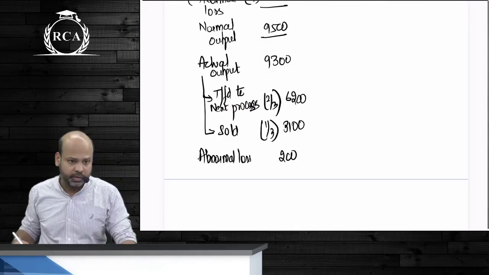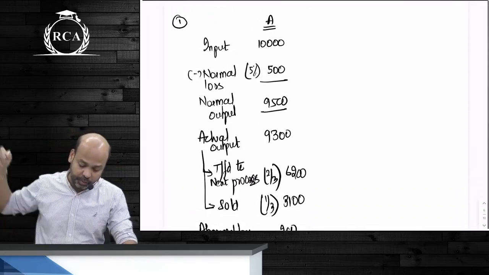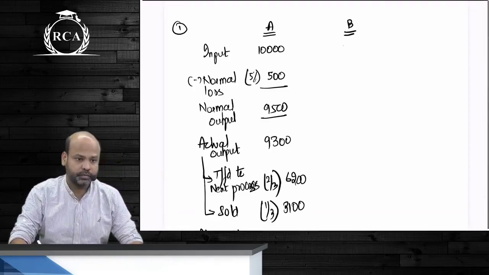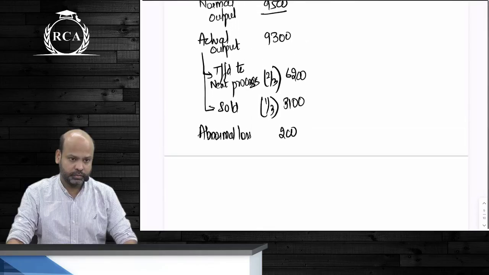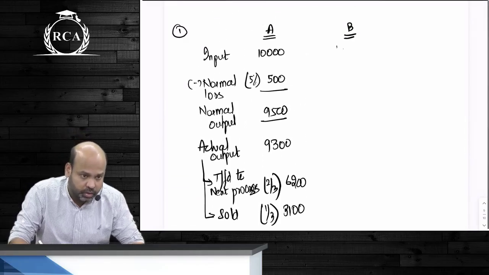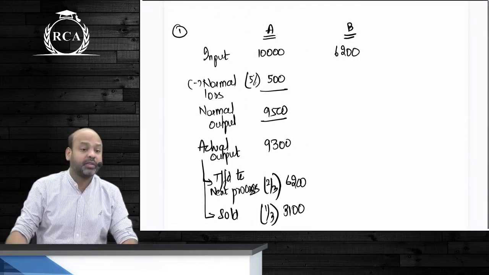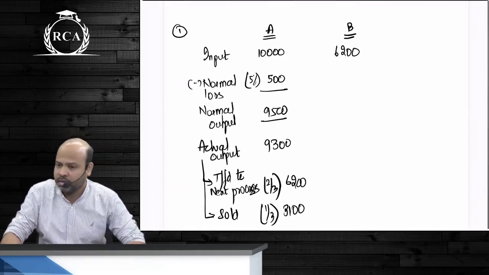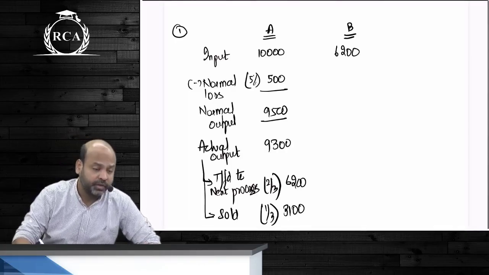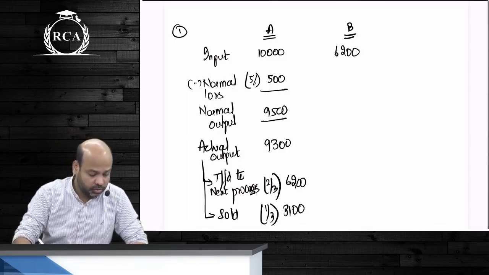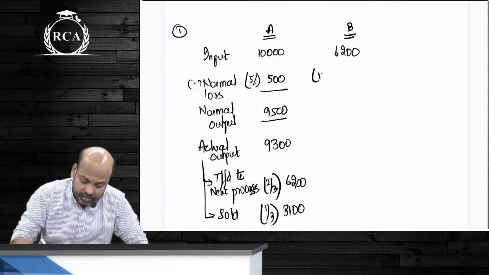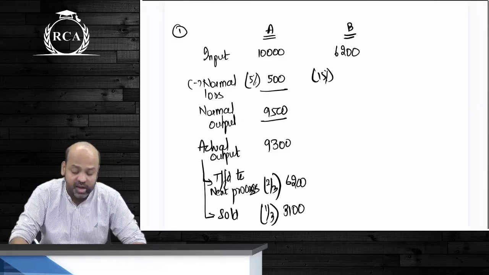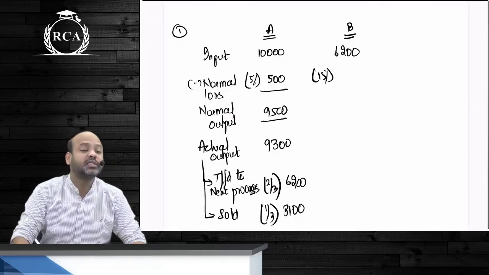Is it making sense or not, guys? Abhishek, how much input will there be in the next process? 6,000. Correct. How much is the amount of normal loss in process B? Tell the percentage first. 15%. How much is that? 930.